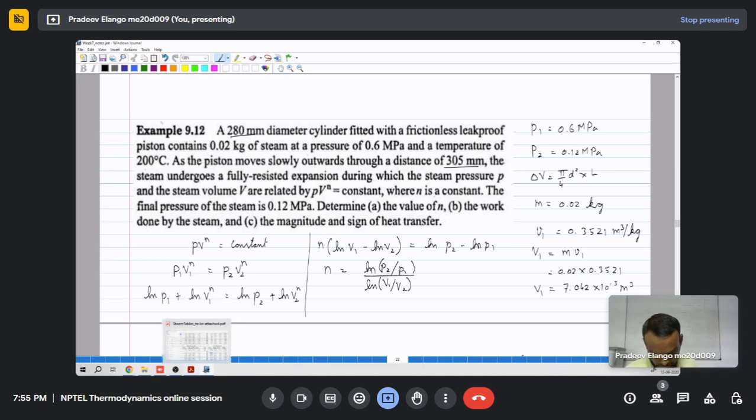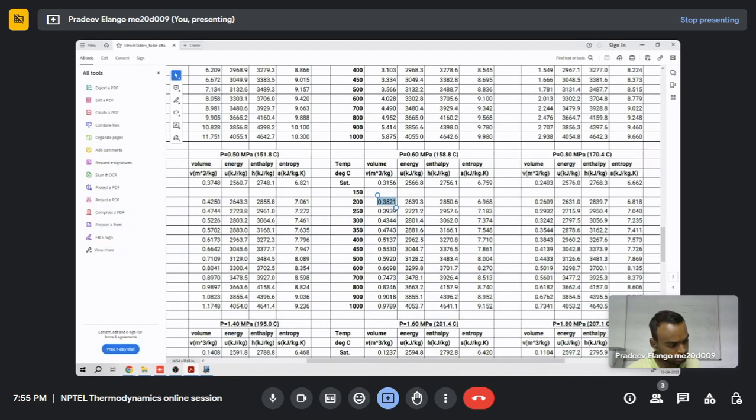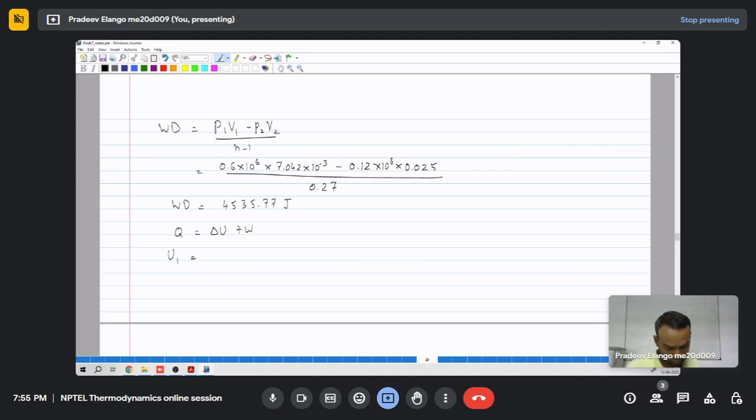It is from the superheated steam at 0.6 megapascal and 200 degrees Celsius, that is 2639.3. So U1 is 2639.3, and into mass we want.